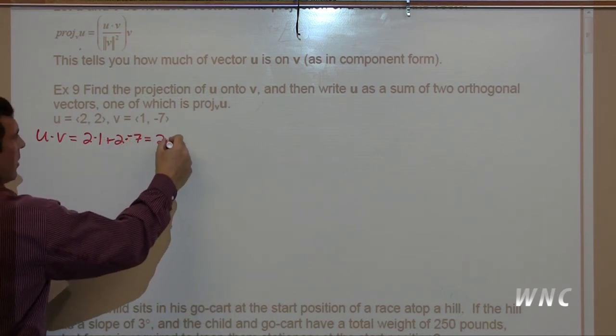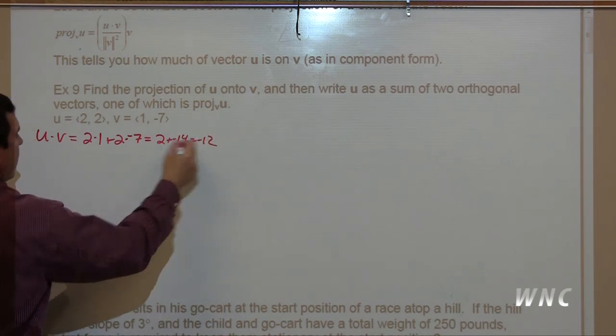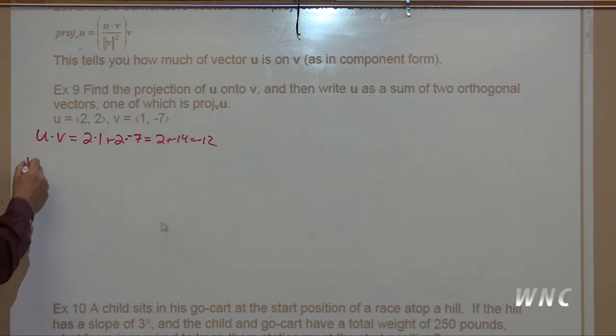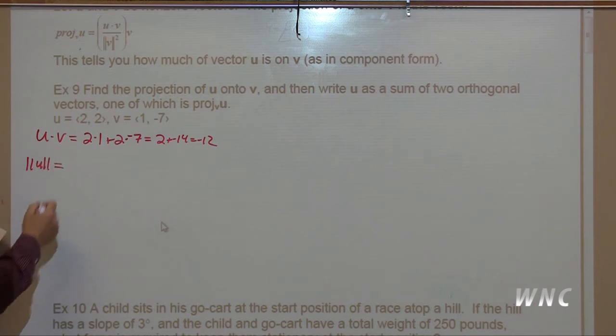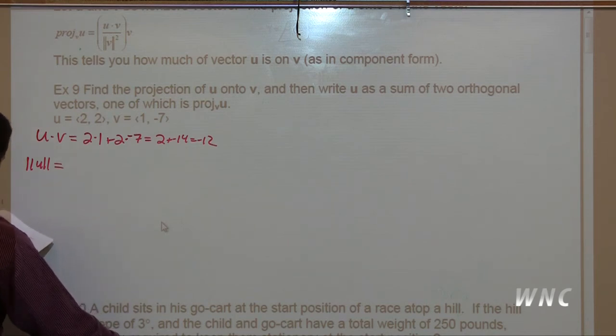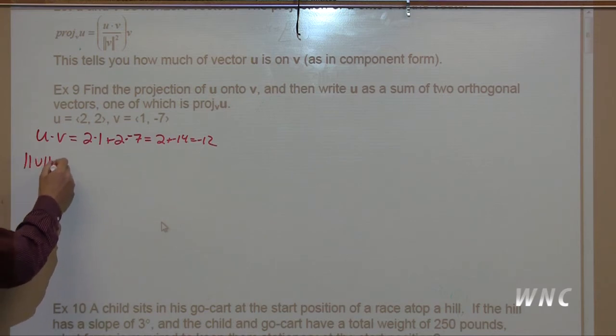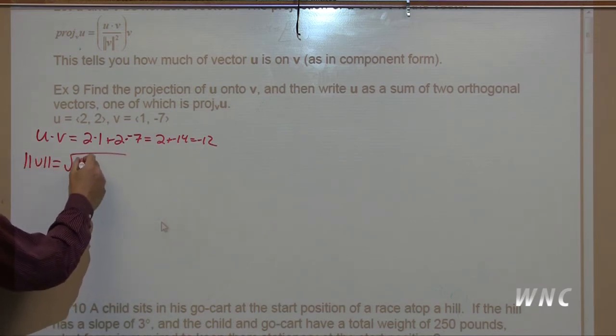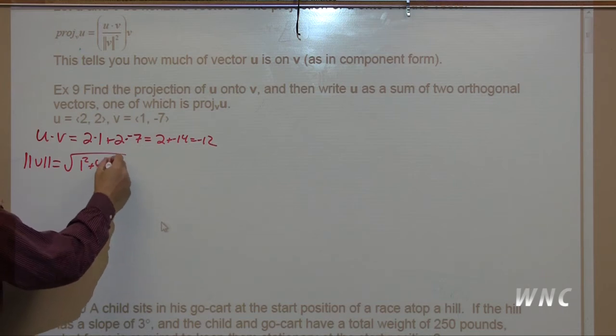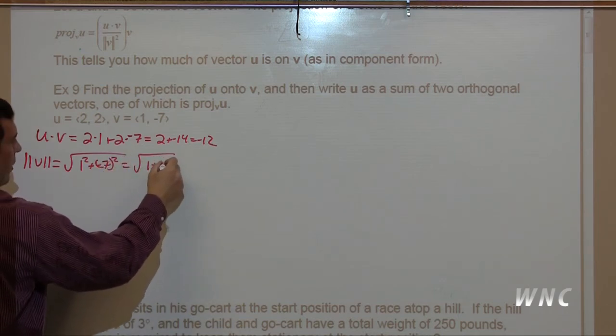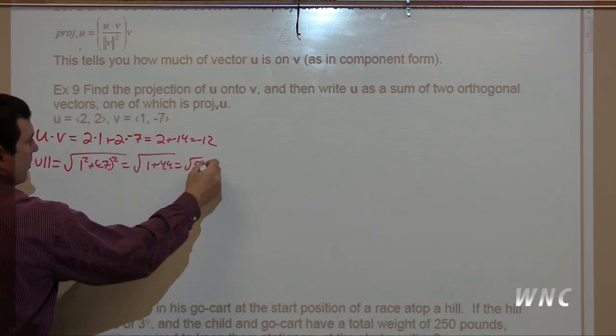That's going to be 2 plus negative 14, so it's negative 12. There we go. Then we want to look at the magnitude of u. Actually, we don't need the magnitude of u here. I think we just need the magnitude of v. The magnitude of v is going to be the square root of 1 squared plus negative 7 squared. That's 1 plus 49, which is the square root of 50.